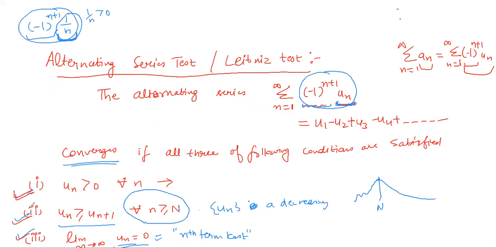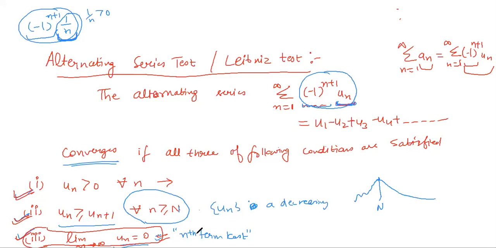So the choice is just between the second and third condition. I'll tell you the order in which to verify the conditions. The recommendation is, first verify the third condition. So the third condition should be tested first, because that is nothing but the nth term test.